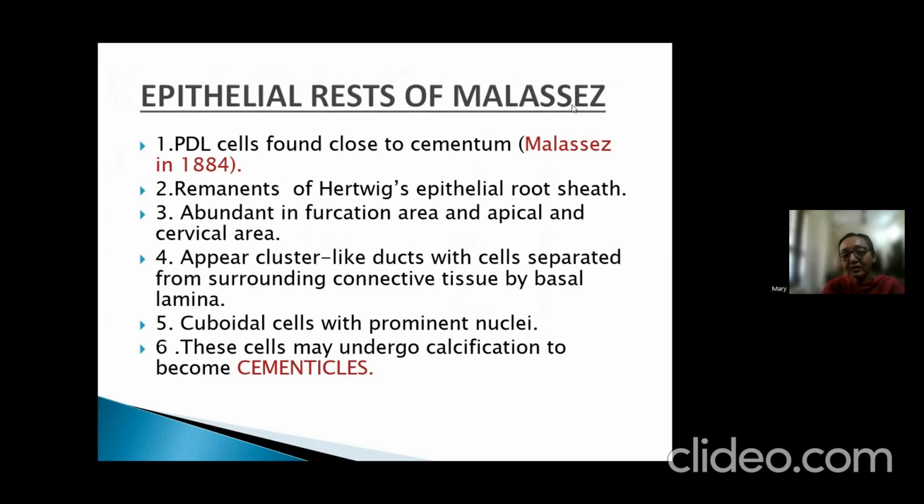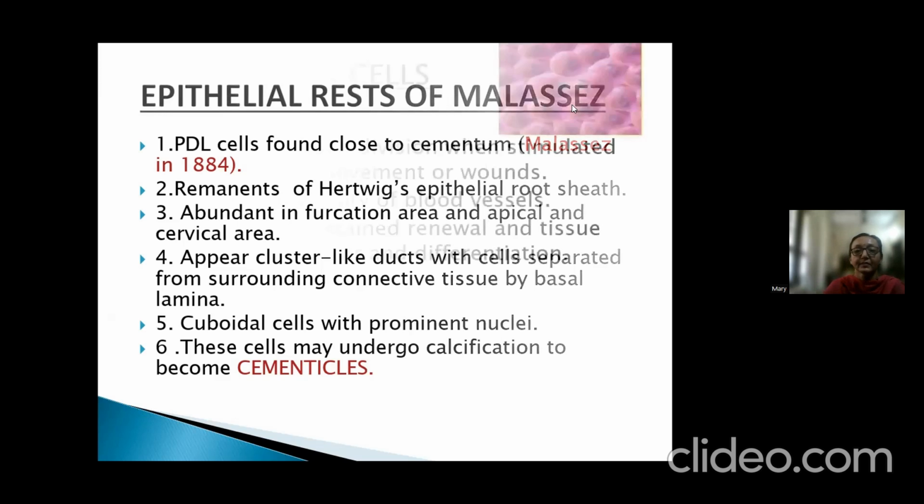Malassez noticed these cells in 1884, and they are actually found abundantly in the furcation area, apical area, and cervical areas of the tooth. And they usually appear as cluster-like ducts with cells separated from the surrounding connective tissue by basal lamina. They are again cuboidal cells with prominent nuclei, and when these cells undergo calcification, they are also known as cementicles.